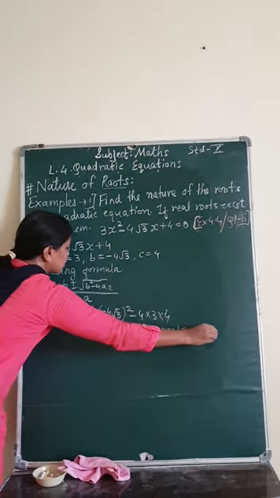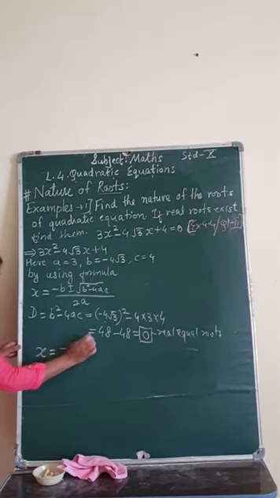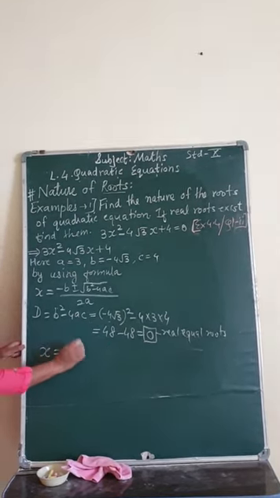Now the next question: if they are real equal roots, then find them. So we can find them. x is equal to minus b, that is minus of minus 4 root 3, plus or minus the discriminant, which is 0, upon 2a, where a is 3.